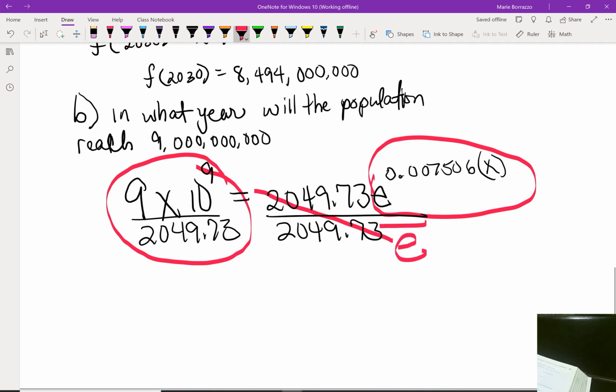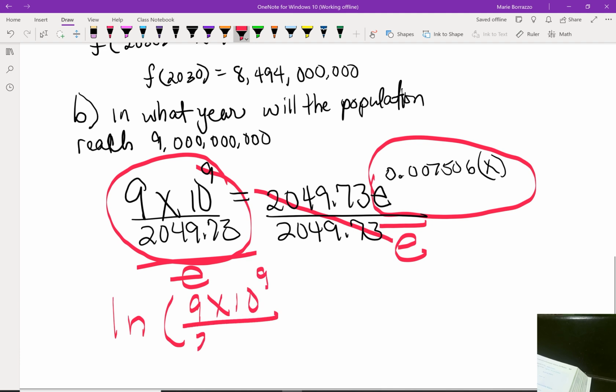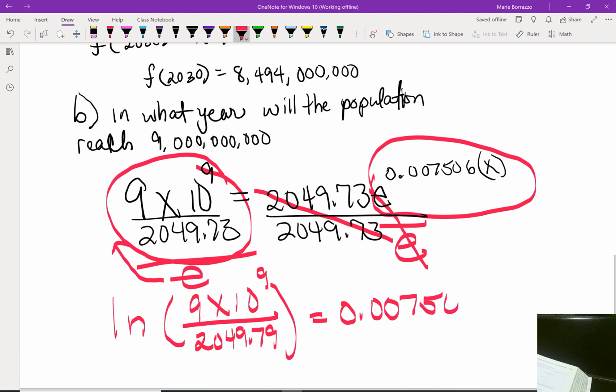So if I divide by e, then this becomes the natural log of 9 times 10 to the 9th divided by 2049.73. So that would be the natural log of all of that. And this e is what becomes natural log. This is going to cancel out the e, leaving me this equal to 0.007506 times x.